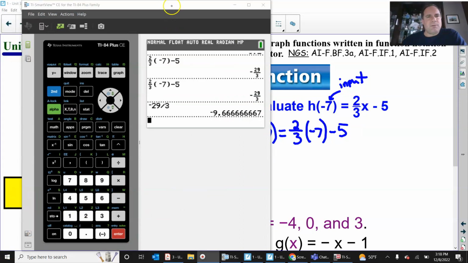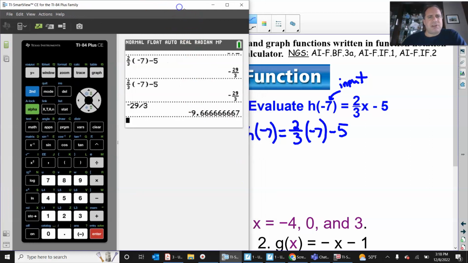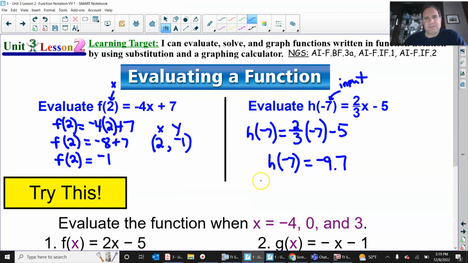I don't want to keep it that way, so I'm going to divide the two numbers and see what it comes to as a decimal. It is negative 9.7, rounding to the nearest tenth.